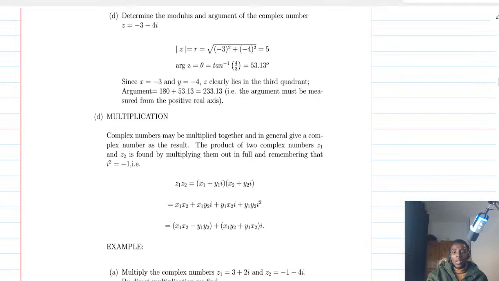But before we do that, let's look at what happens when you multiply a complex number by another complex number.